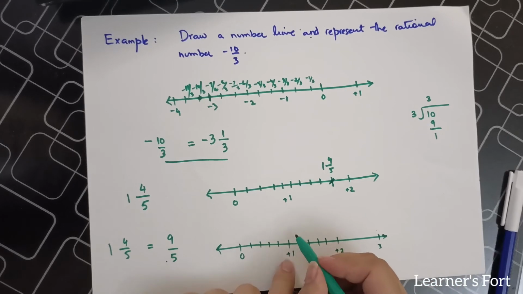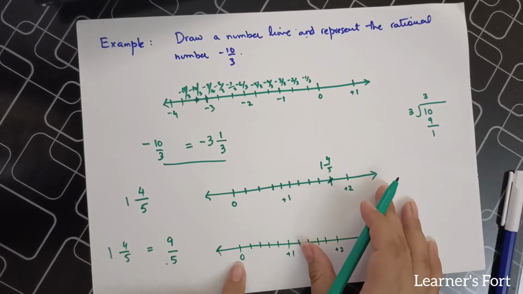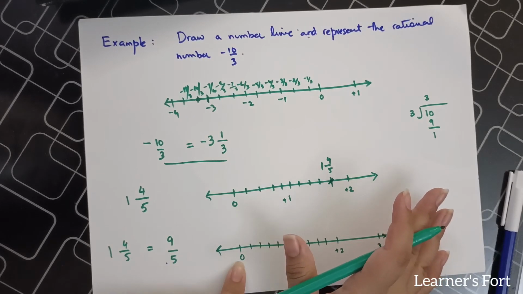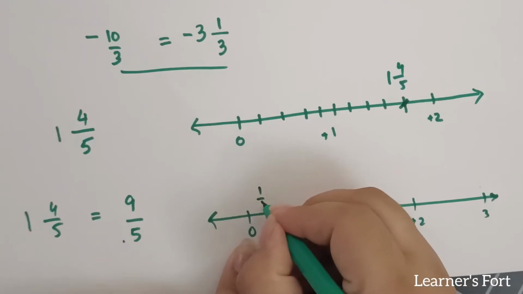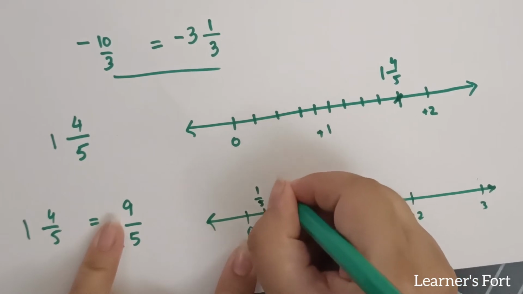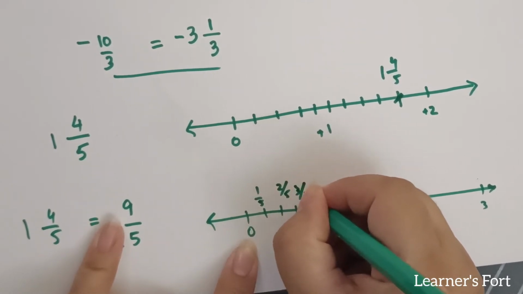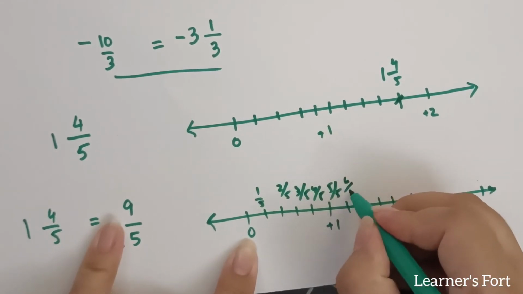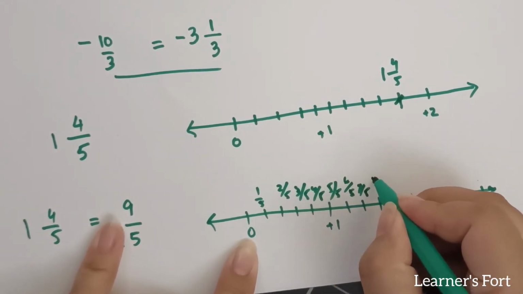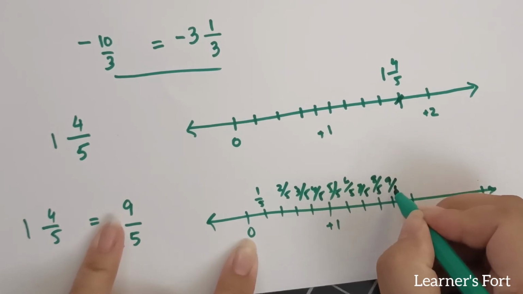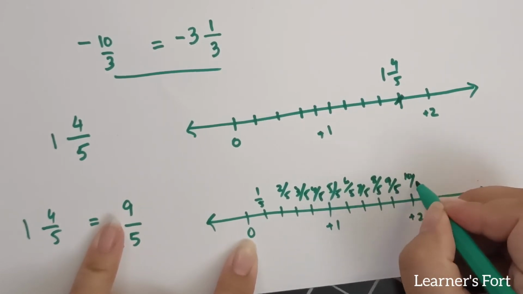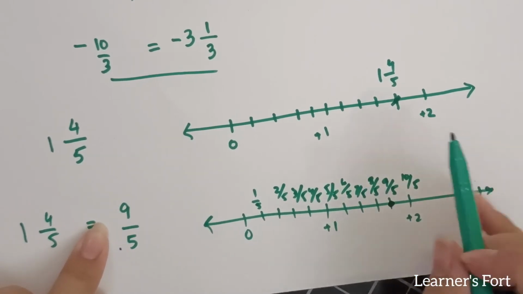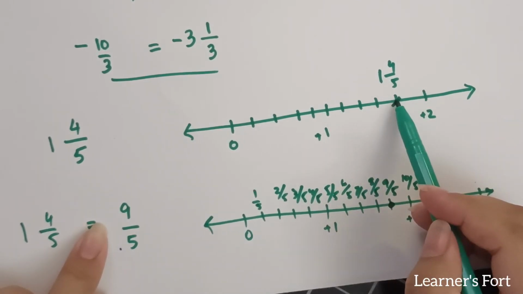And here we're going to start it as, this is 0, 1 upon 5, 2 upon 5, 3 upon 5, 4 upon 5, 5 upon 5. Then it's going to be 6 upon 5, 7 upon 5, 8 upon 5, 9 upon 5. And this is going to be 10 upon 5. So here you can see that 9 upon 5 lies here, just one partition before the 2.